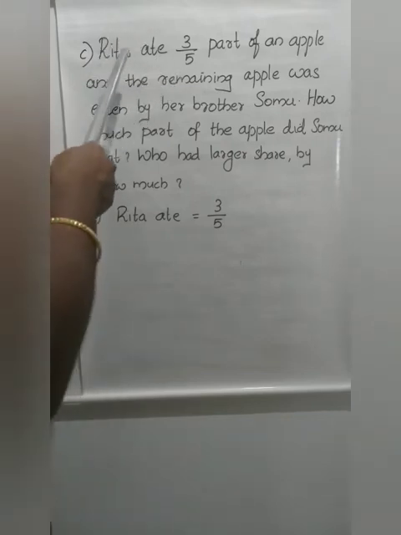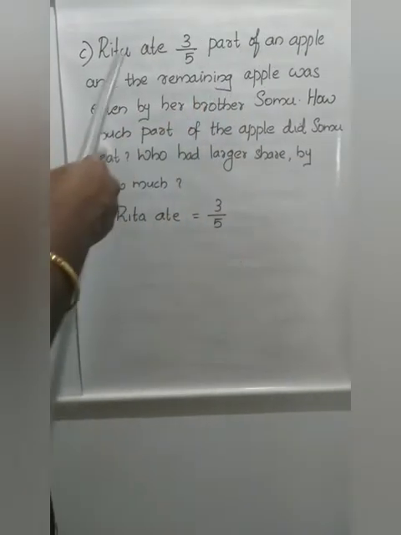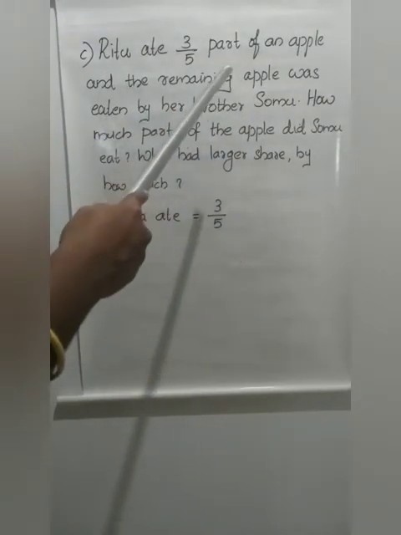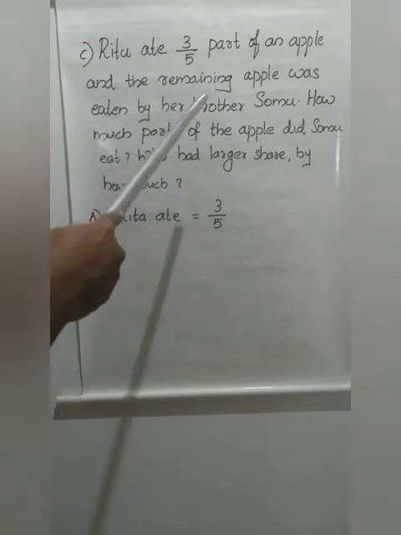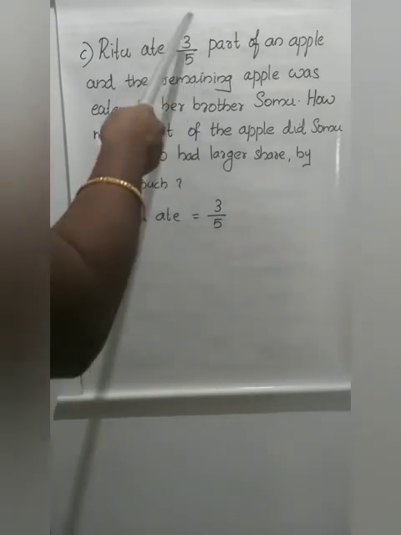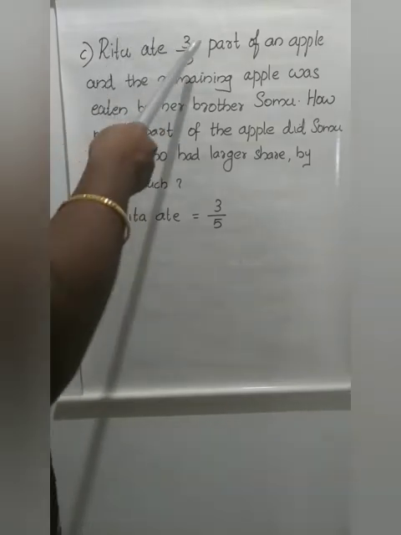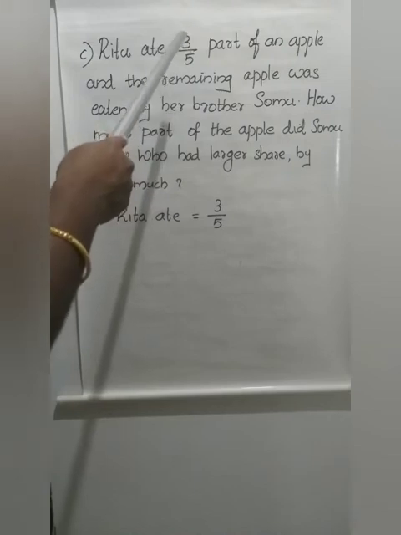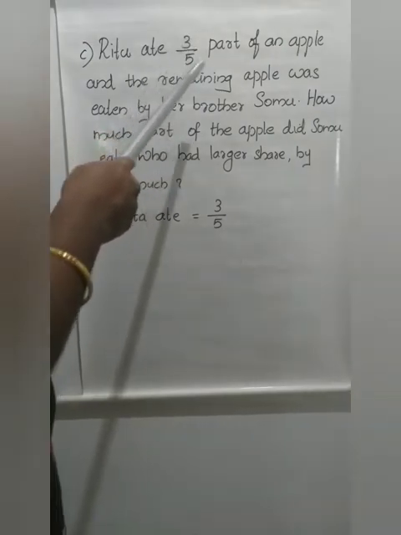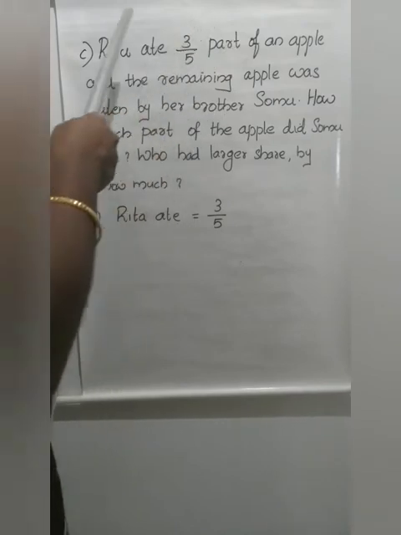Ritu ate 3/5 part of an apple, and the remaining was eaten by her brother Somu. What do we mean by this 3/5? An apple, its 3/5 part is eaten by Ritu.